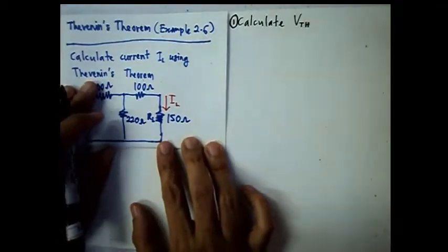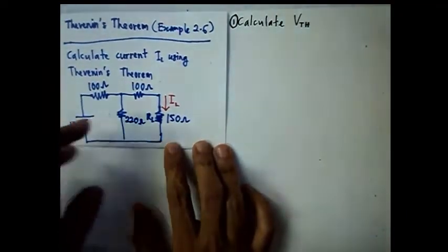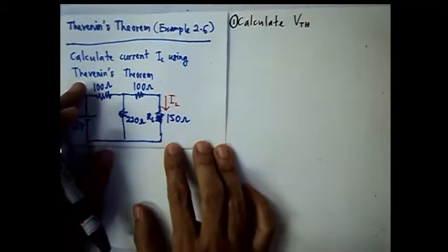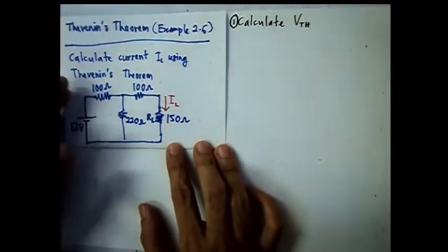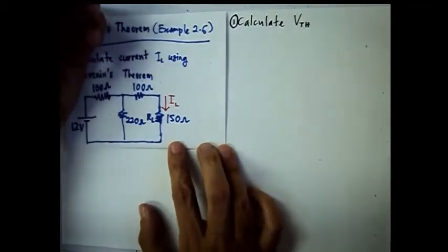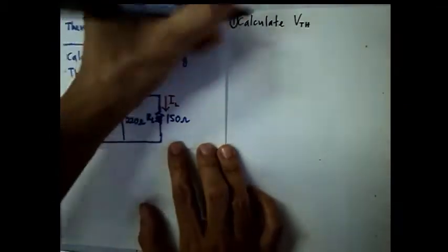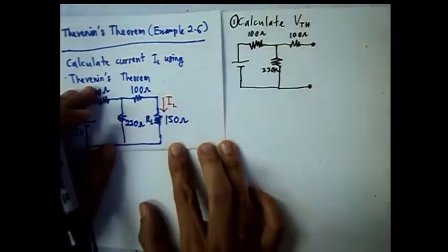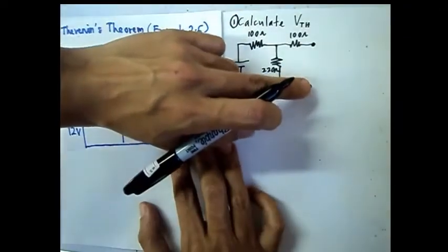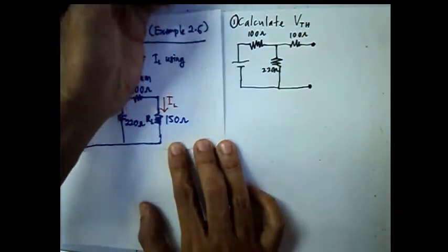Now to calculate VTH, first of all we have to remove the RL, or the part of the component where current IL is required. So we draw back the circuit. After we remove RL from the circuit, it will leave two open terminals here.